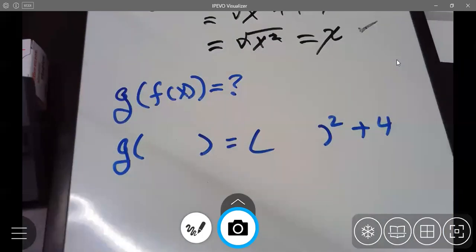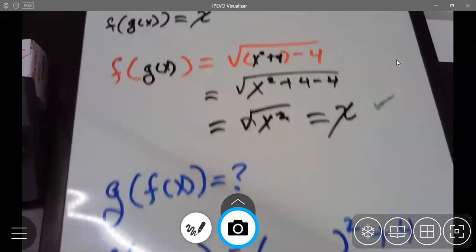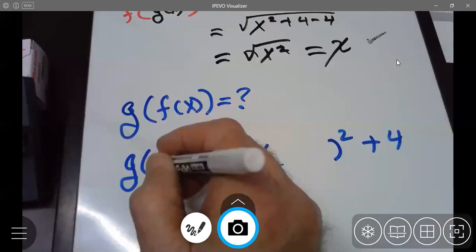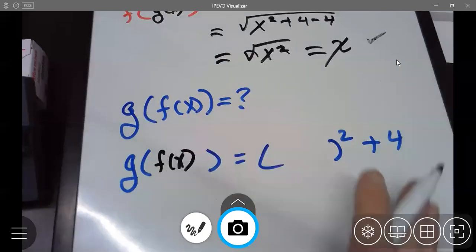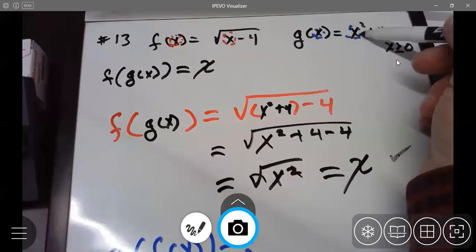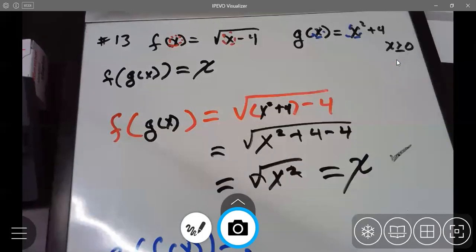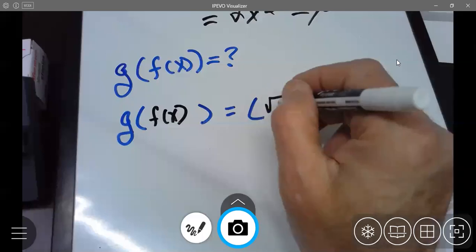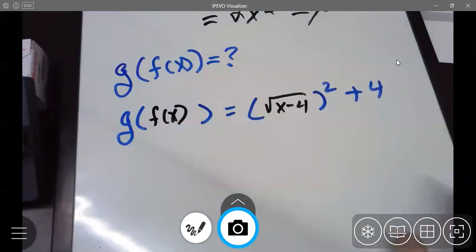And so now we're going to take the f of x and put that in. So this will be g composed with f of x, and where the x was, we put parentheses squared, and we're going to put the square root of x minus 4 in there.